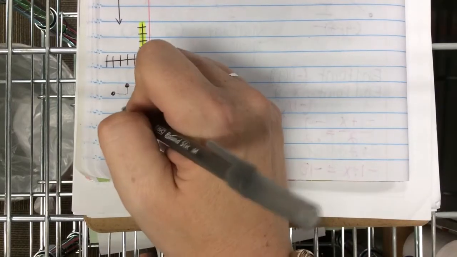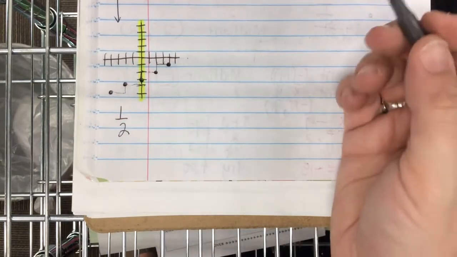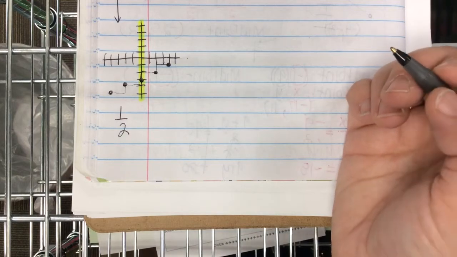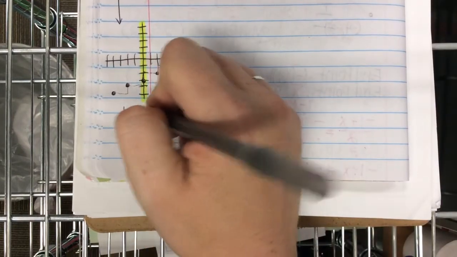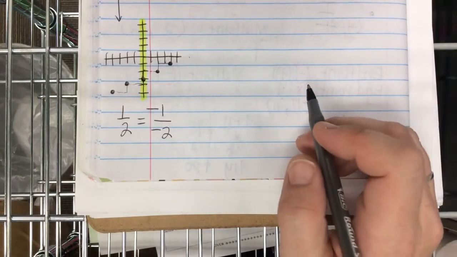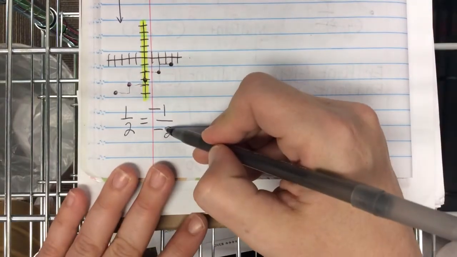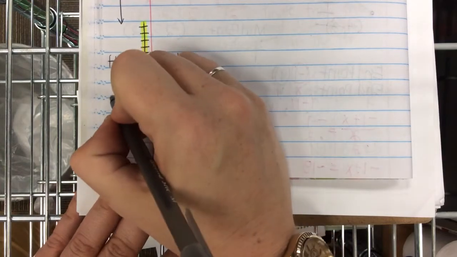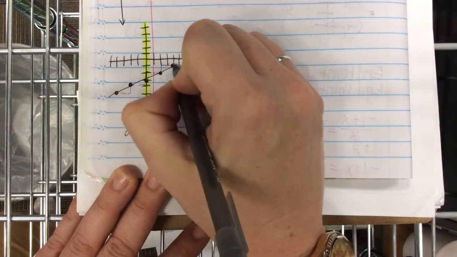Because my slope was 1 over 2, which is up 1 and to the right 2. But it's the same thing as -1, -2, because 2 negatives cancel out to make a positive. Connect the dots extending through the graph to make a line, and there's your graph.